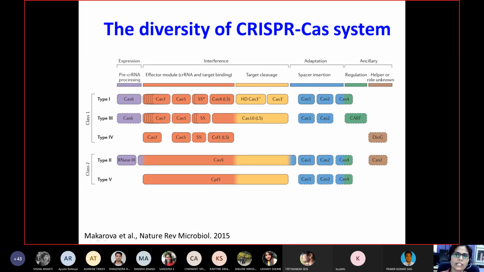Similarly, here you have a PAM sequence, named protospacer adjacent motif. This PAM sequence, especially in the type 2 CRISPR system, is important in distinguishing between self and foreign DNA.